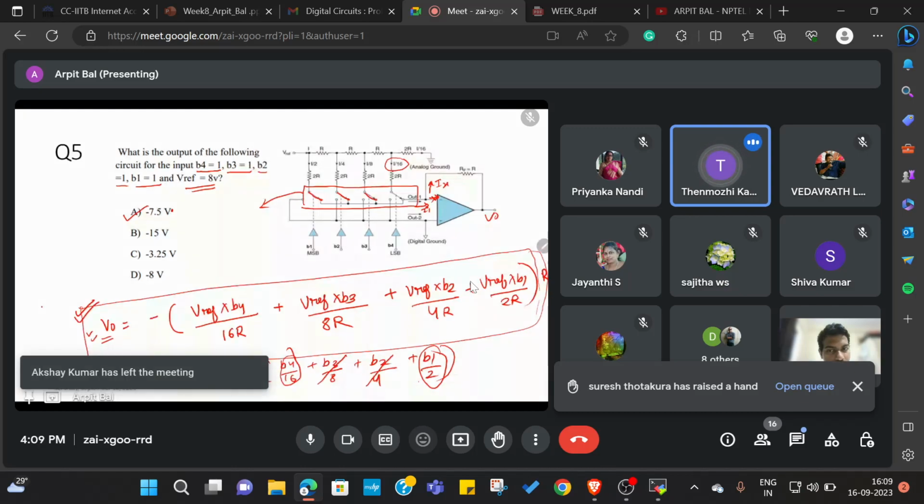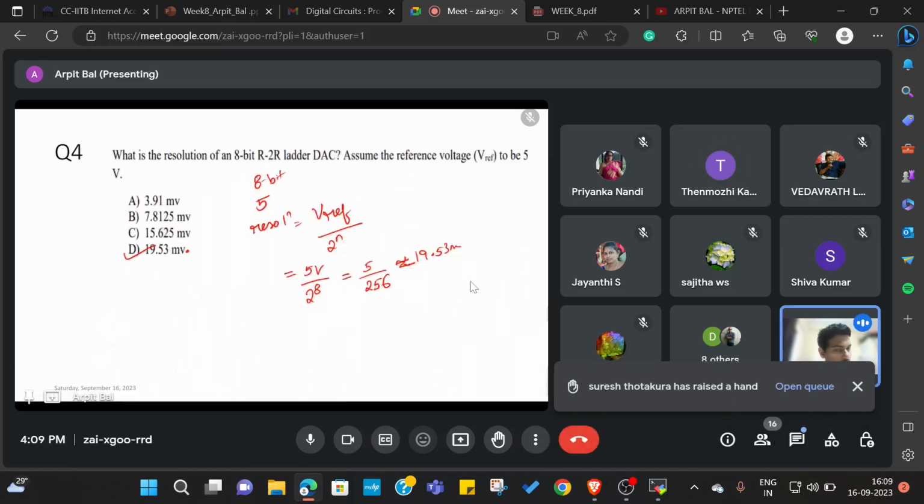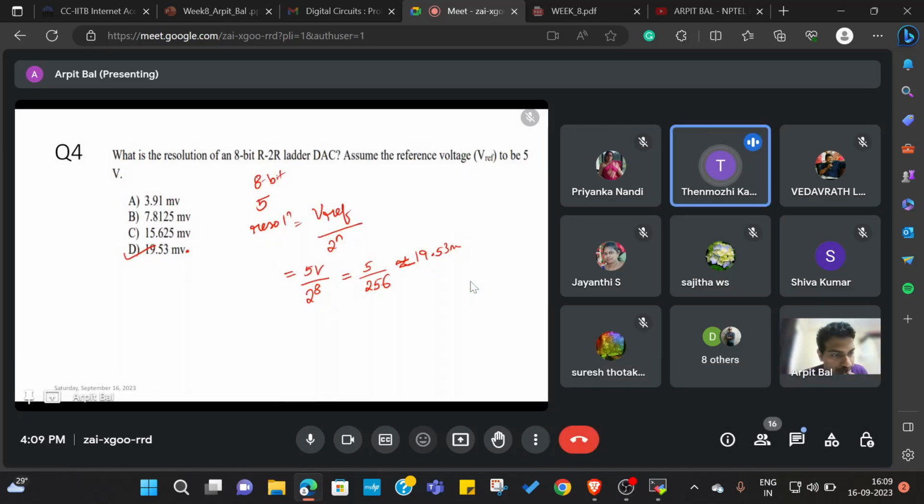Sir, excuse me, sir. Yeah. Sometimes in the last question, it will be 2 power n minus 1. When will that be the case, sir? I didn't get it, 2 power n minus 1? Actually, I haven't come across anything where the resolution is 2 power n minus 1.